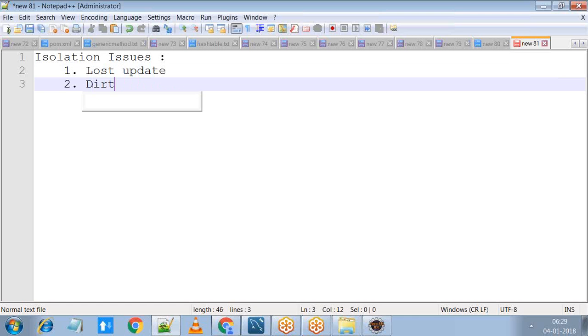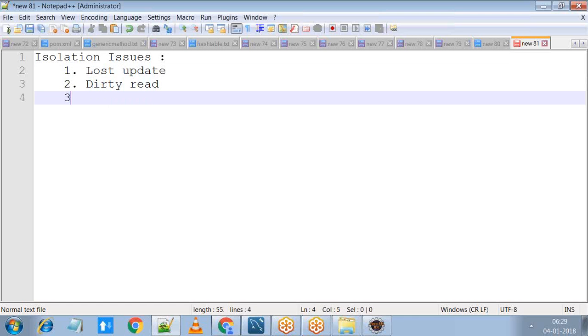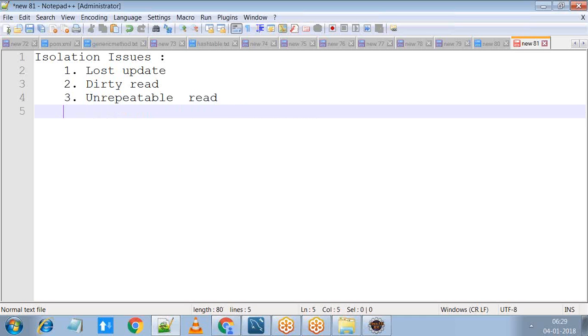You have dirty read, unrepeatable read, and phantom read. So these are the various isolation issues you may come across when multiple transactions operate on the same dataset.